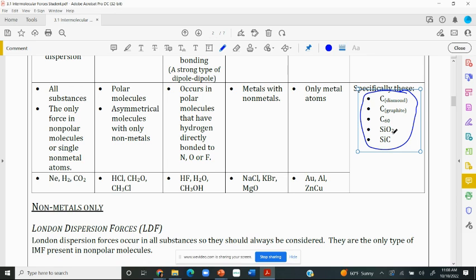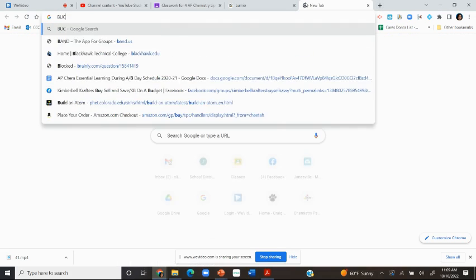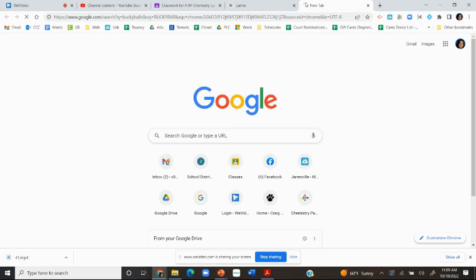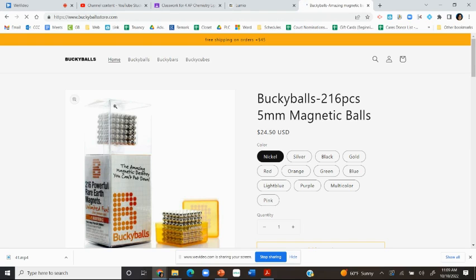What does C60 look like? I believe that's your buckyballs. What the heck is a buckyball? It was actually developed, I believe, up in Madison, which is where they came up with the name. Why are you in all caps? Because my caps lock got stuck on it. Are buckyballs illegal? Yeah. Why are they illegal?